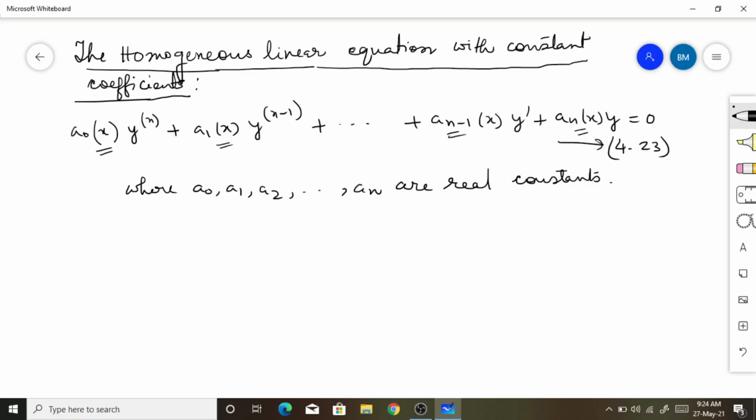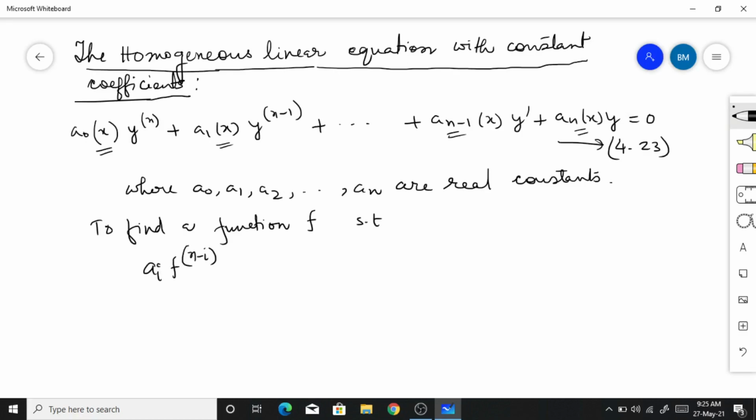So actually we have to find a function f such that if it and its various derivatives are each multiplied by certain constants, the ai's, and the resulting products a_i f^(n-i) are added, the result will be equal to 0.